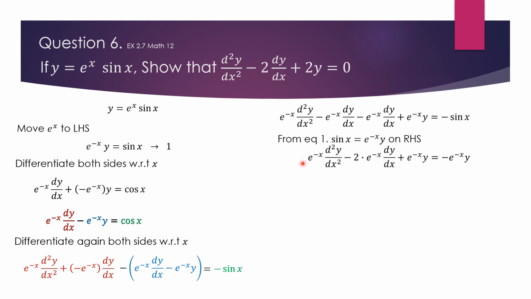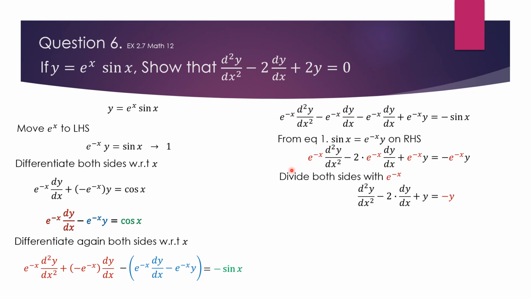Now note that e power minus x is in all these terms. So what we do is we divide both sides by e power minus x.